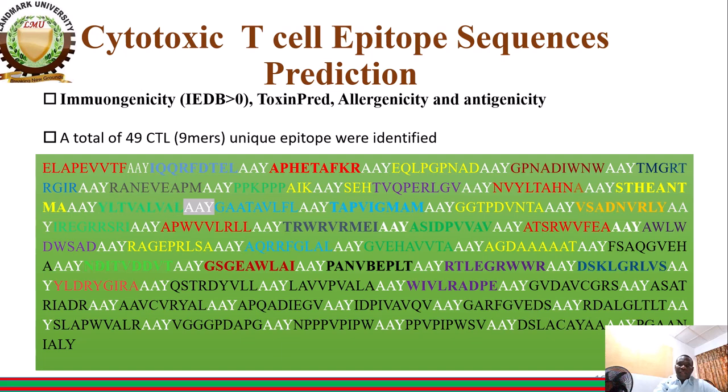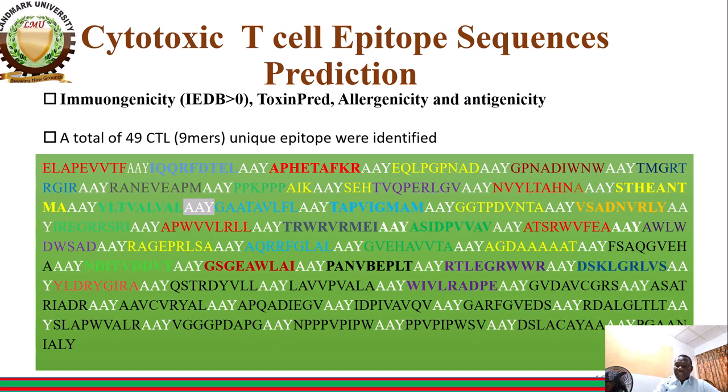were gotten. Then the next step was to predict the cytotoxic CTL epitope sequences, which was done by the use of the IEDB server. ToxinPred was used for toxigenicity prediction, allergenicity, and antigenicity.